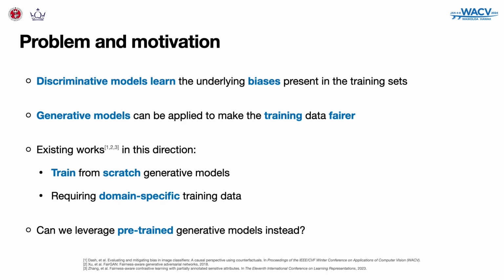The fairness of the original training set can be improved by generating data with the intent to mitigate the bias represented in the training set. This can be achieved by applying generative models. Existing works train from scratch these models, which may be unfeasible and require domain-specific data. Thus, the main question of this work is, can we leverage pre-trained generative model instead?